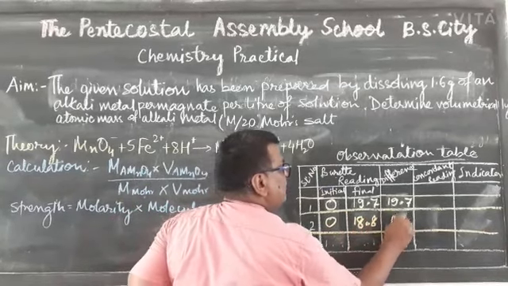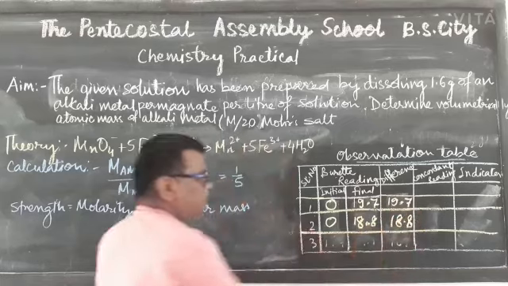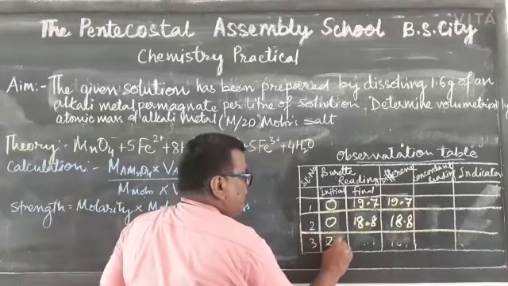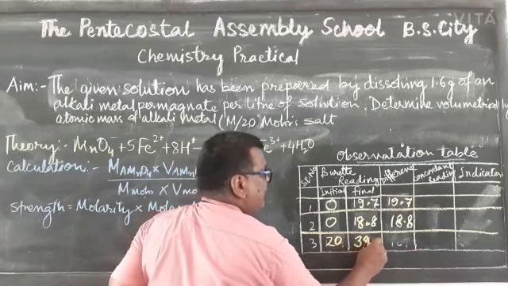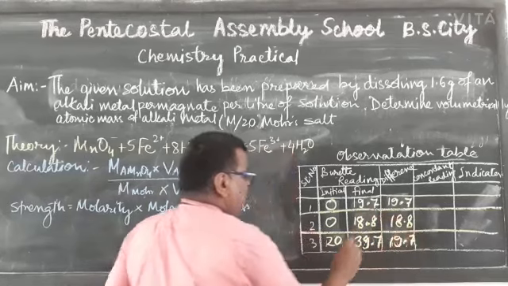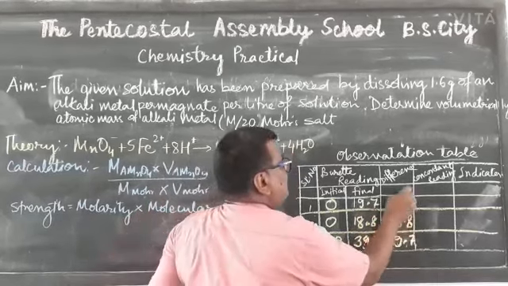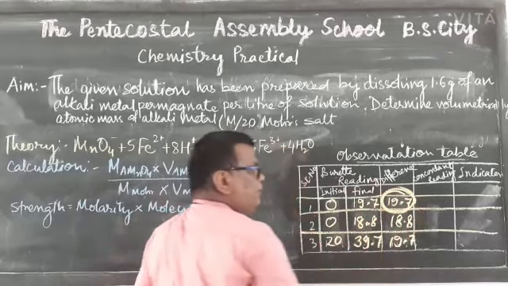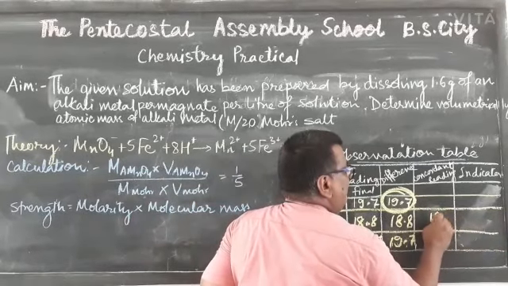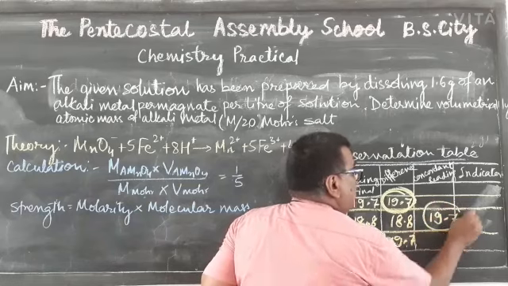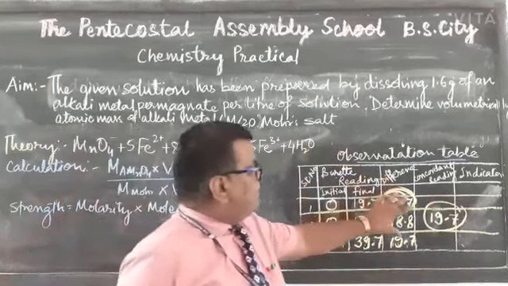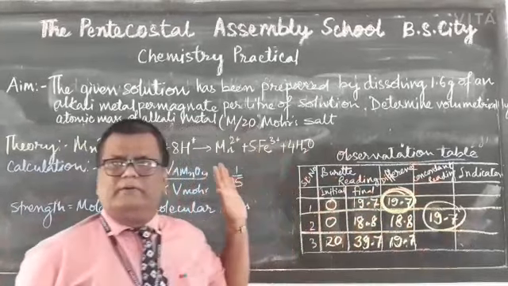So the difference will be 18.8. Next reading again we have 20 and 39.7, then 19.7. Again we take one reading, so that repeating is 19.7. So the concordant reading is 19.7.